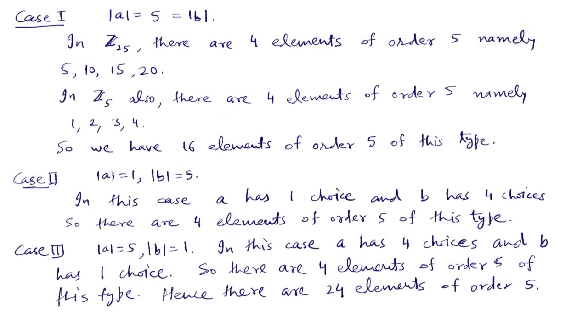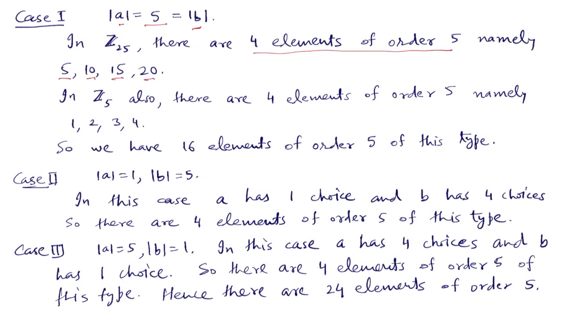In case 1, the order of a and the order of b are both equal to 5. Remember that a is coming from the group Z25 and b is coming from Z5. In Z25 there are 4 elements of order 5, and these are 5, 10, 15 and 20.